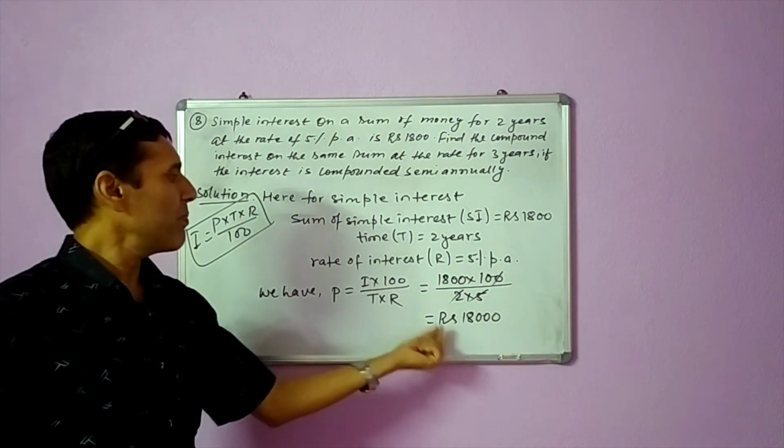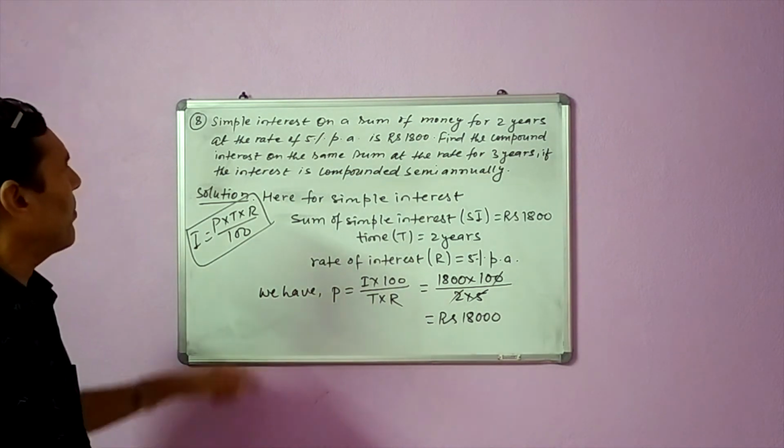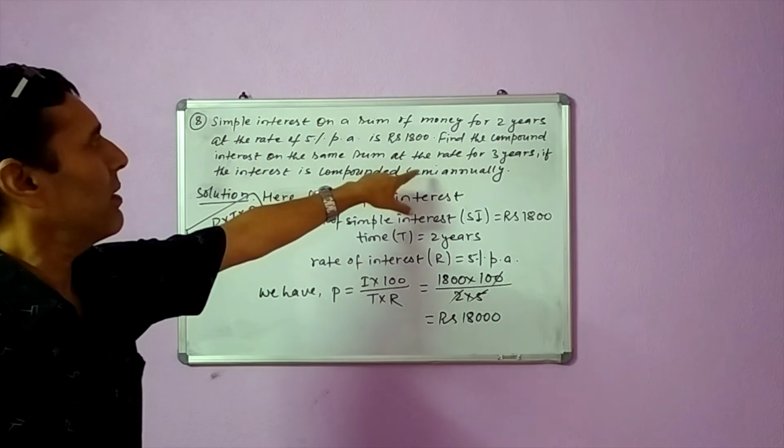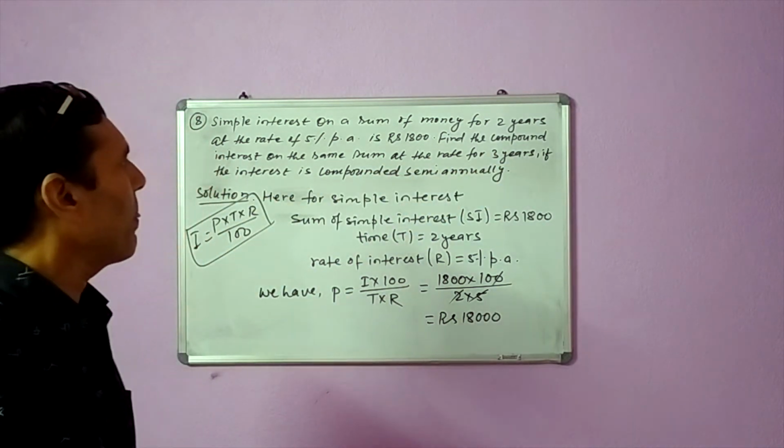Now we use the same principal in the second part of the question to find the compound interest on the same sum at the same rate for 3 years if the interest is compounded semiannually.